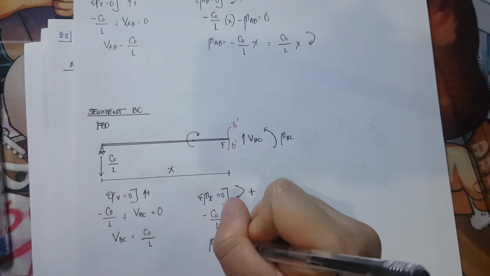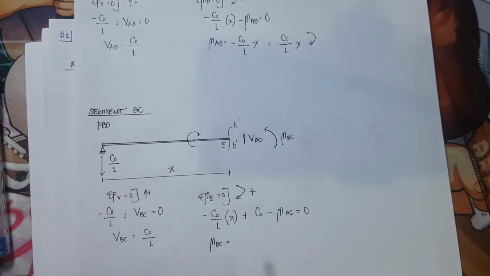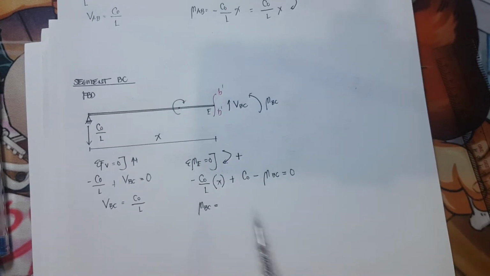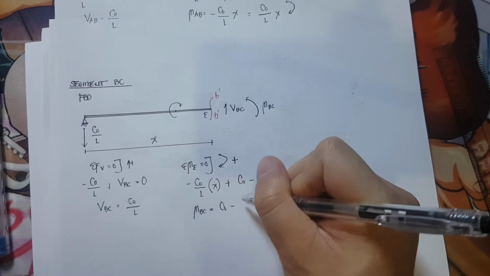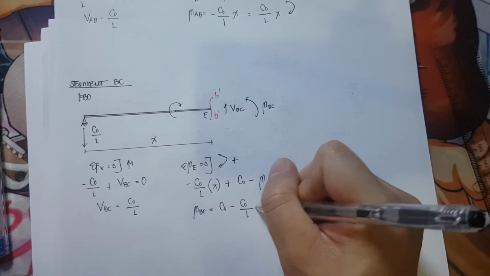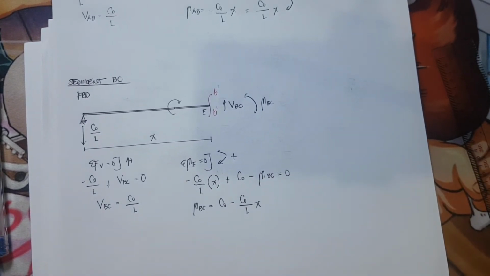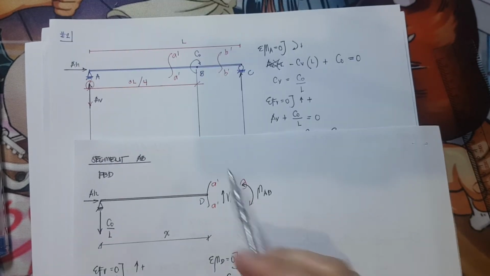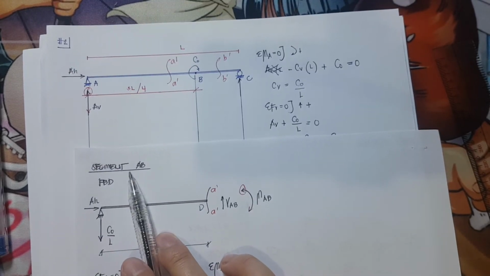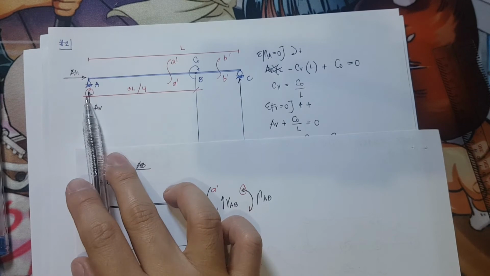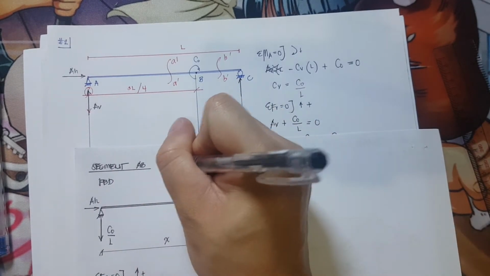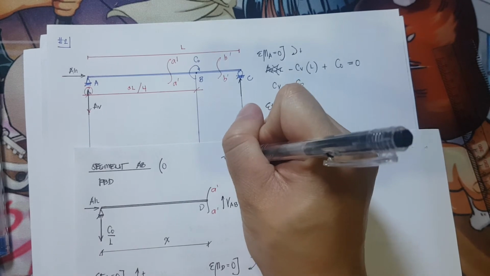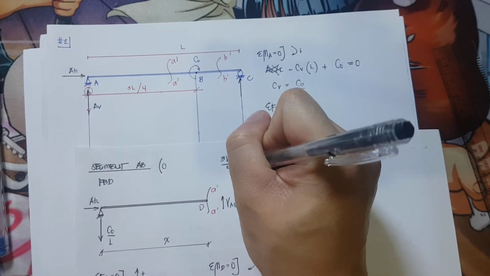So MBC is equivalent to C's of naught minus C's of naught over L times a distance of x. Remember that for segment A, it is from 0 to 3 over 4 of L. So that is 0, then 3L over 4.